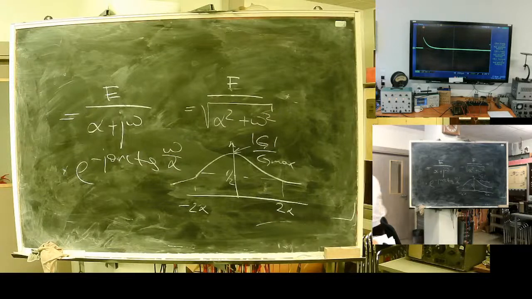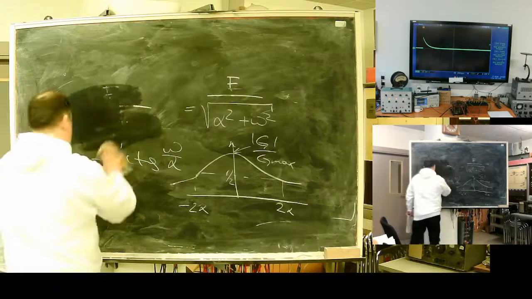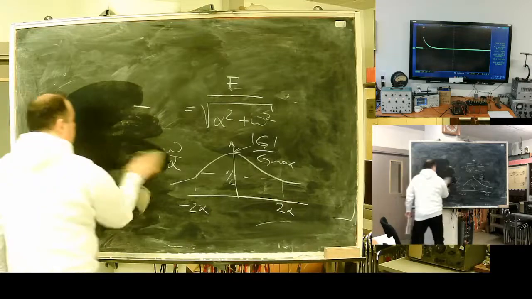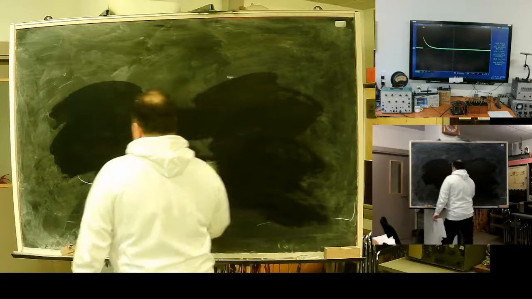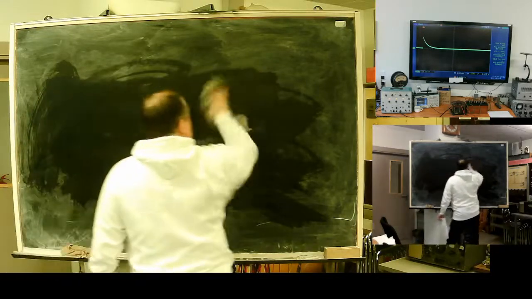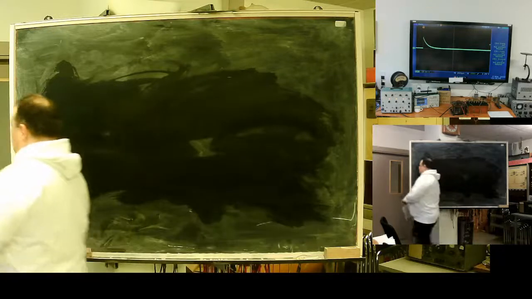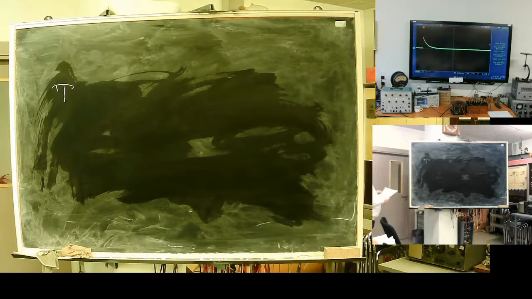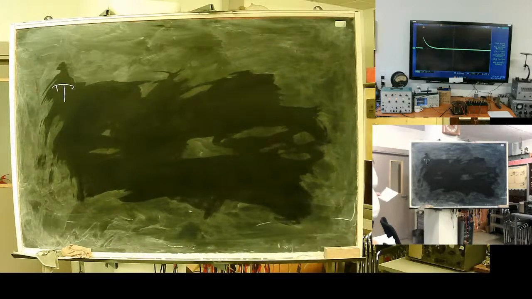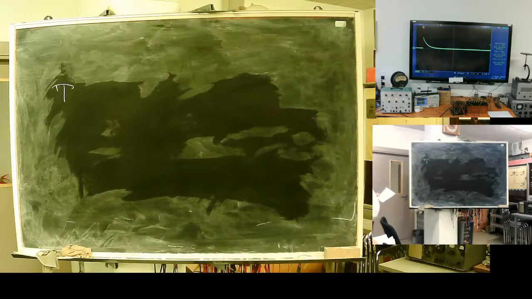So, what shall we do? Let's try to make it visible. To define some period of t. Let's say we have some period.